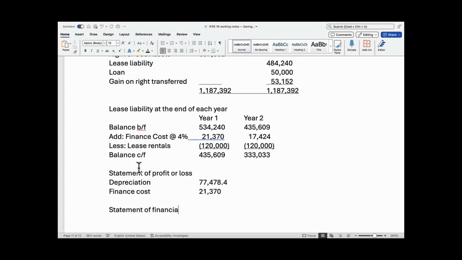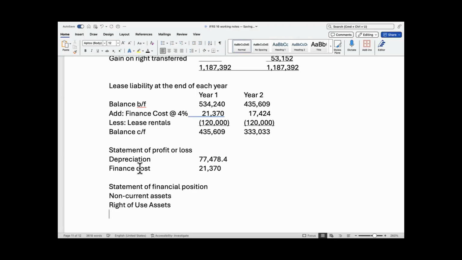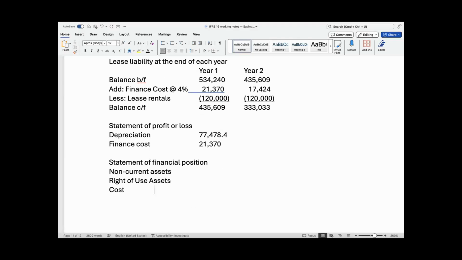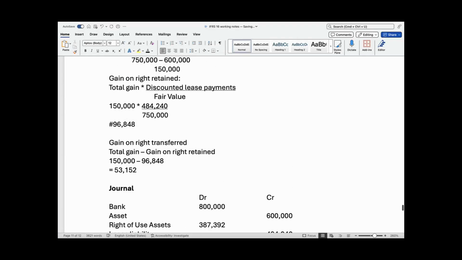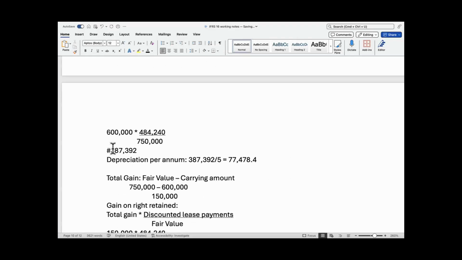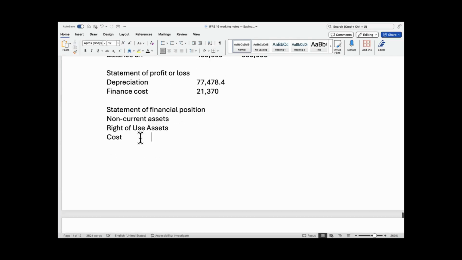Also, my statement of financial position for year one, under my non-current assets, I will have my right of use assets. The cost of the right of use assets that we determined was 387,392.